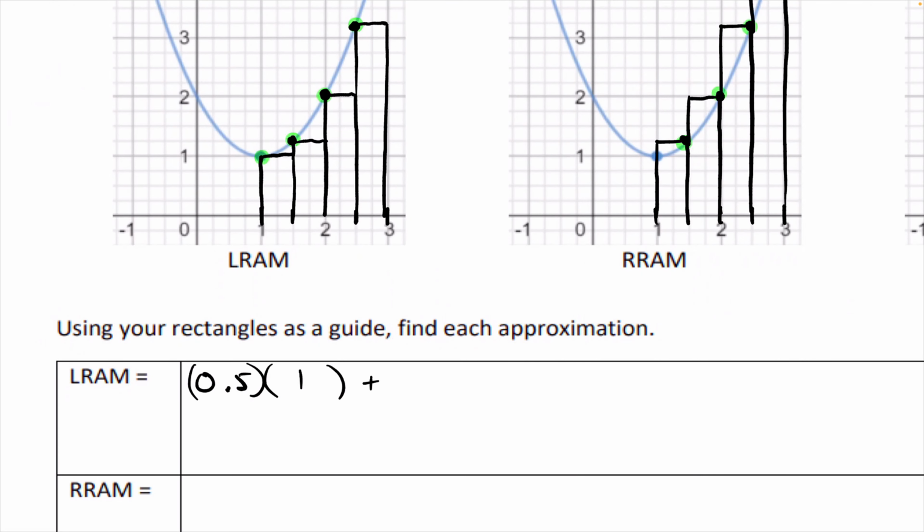Then I'm going to add that. The next rectangle is still 0.5, times 1.25, plus, again, 0.5, because the widths are always the same. The next one looks like 2 units tall.